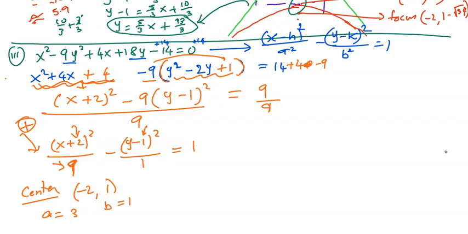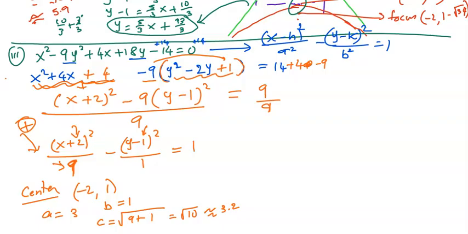So you can calculate c right away. c is the square root of a squared plus b squared, so 3 squared is 9 plus 1, which is 10, square root of 10. That's a little bit like 3 point something, so let's say 3.2.